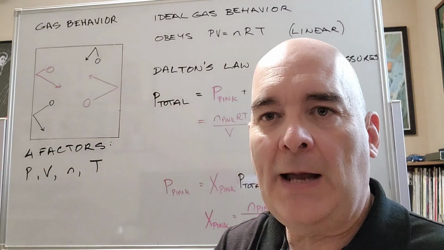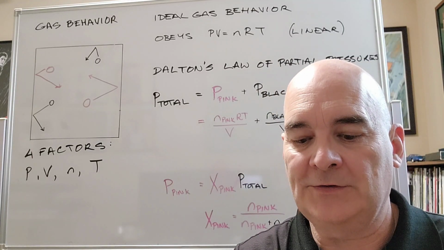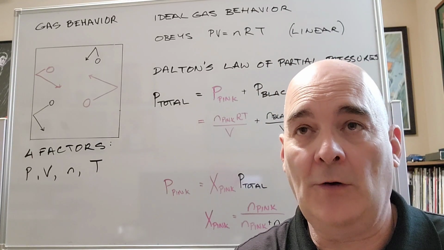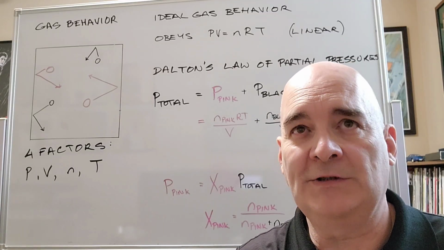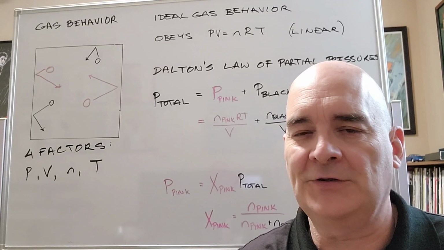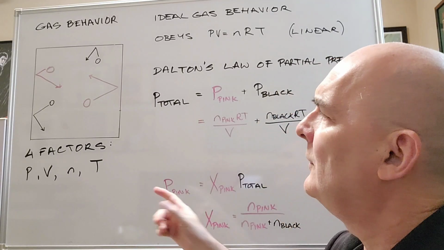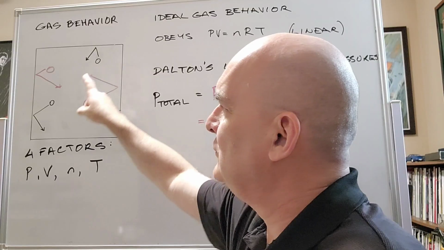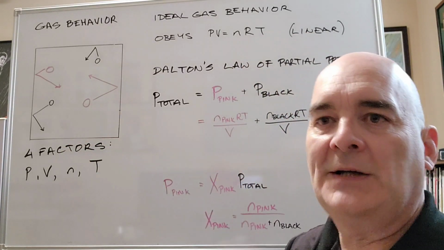We've already established that under ideal behavior, the gas particles don't come near each other very often. They are far apart, and when they do come near each other, they just have elastic collisions. They don't interact, they don't repel, they don't attract. Then each gas particle acts like its own individual particle.